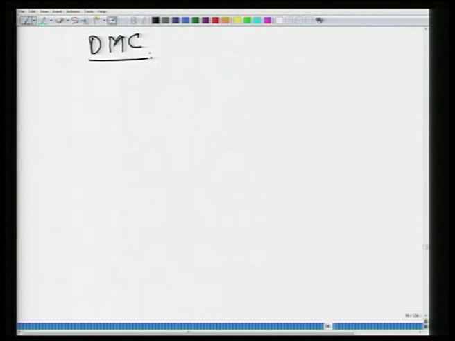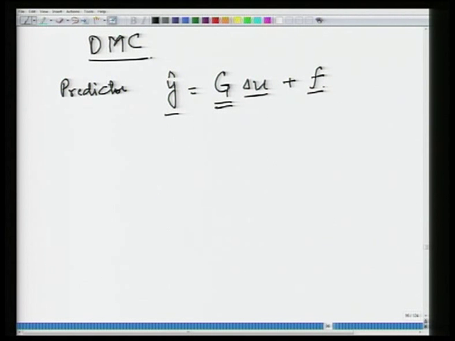We have been talking about dynamic matrix control, and for the unconstrained problem what we saw was that my predictor is, hence the p step predictor: y hat predicted, the vector for a SISO system, is equal to the dynamic matrix G times the set of control moves that are to be taken over the control horizon plus the vector of free response.